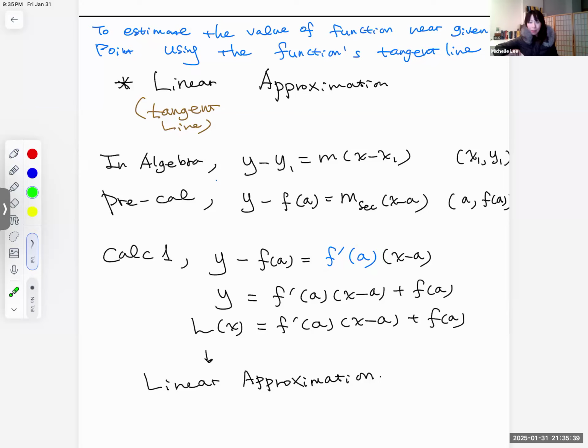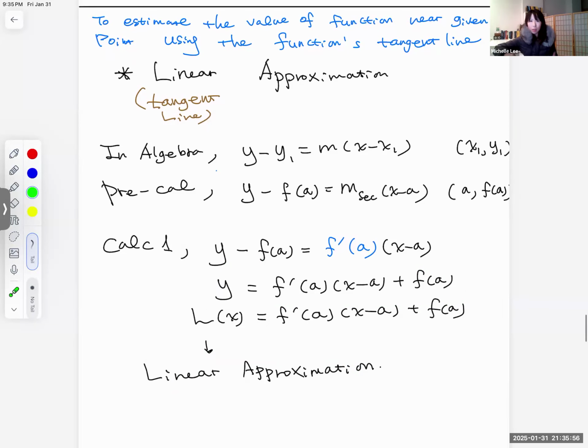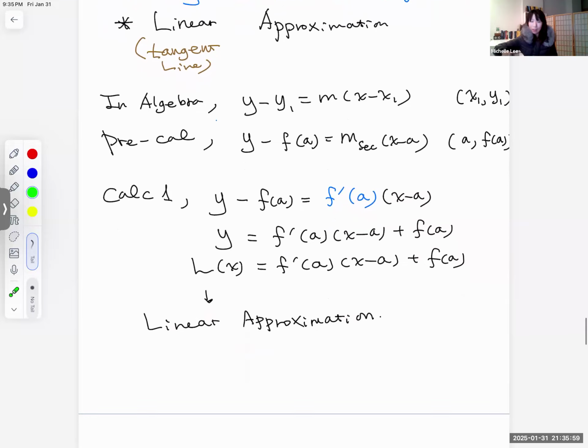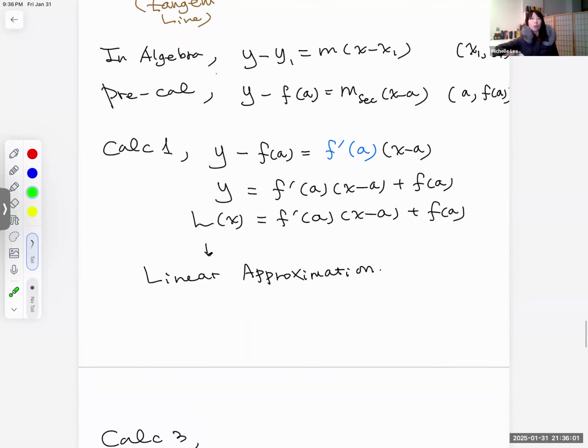Then we make everything one side. So we get that, right? Then that is the equation of linear approximation, right? Make sense? That's why you are here, right? You passed Calculus 1. So this is what we learned in Calculus 1.